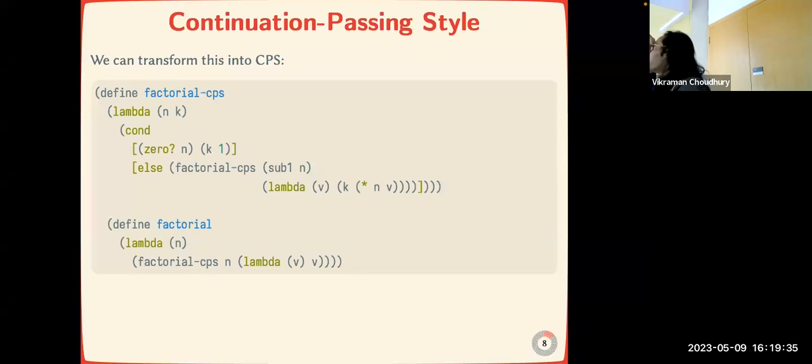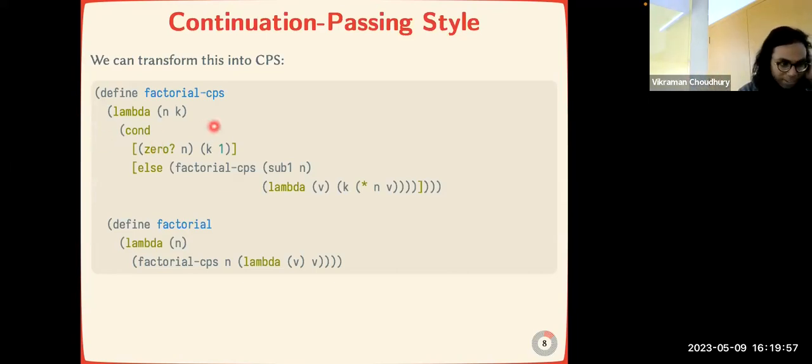It's very hard if you just stare at it like this, but when Dan Friedman teaches continuations, he teaches this in a very principled way by looking at where programs are returning, and some people can even write Emacs macros which will transform recursive programs into this. That's the CPS version of factorial, and then you call factorial with the identity continuation, and you get a tail recursive factorial function.